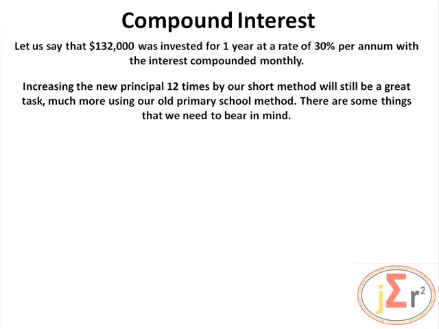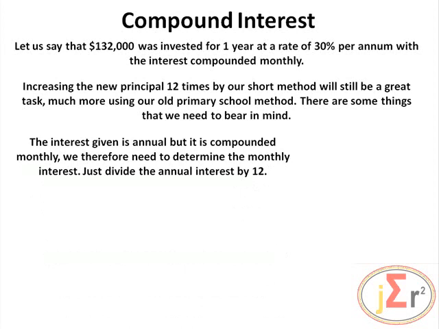If we are going to use our short method, we are going to multiply by 1.12, then when we get the answer, we multiply by 1.12. There's no danger in that. The greatest problem that we have is sometimes when we are busy putting in the correct figures in the calculator, we do not remember how many times we have done that already, and we are in serious problem. We'll have to start over and over again.